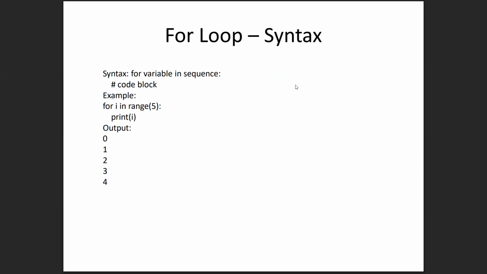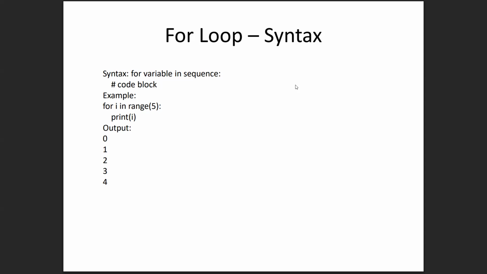What is a for loop? It is used to iterate over a sequence. For what purpose do we use this for loop? If we want to iterate over a sequence. Suppose there is a sequence of numbers from 1 to 100. If you want to iterate and print those numbers sequentially, you need to use this for loop.